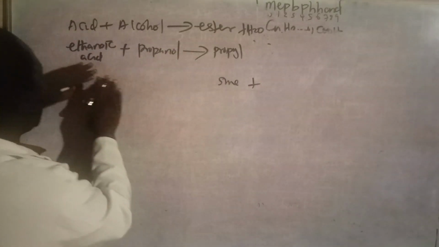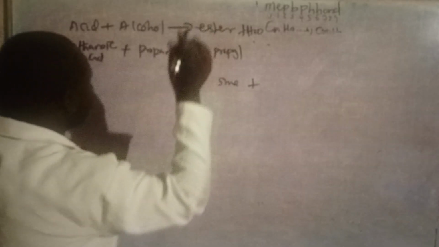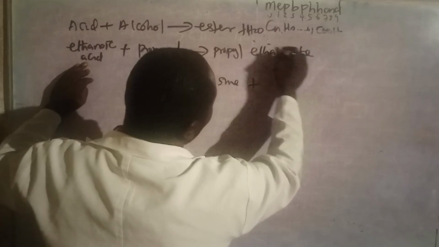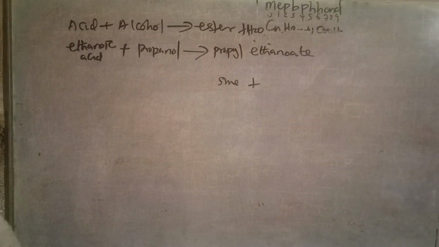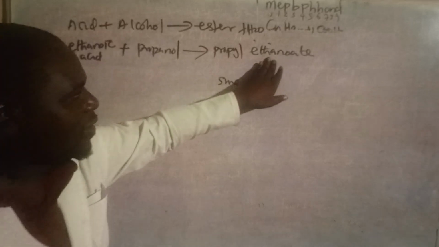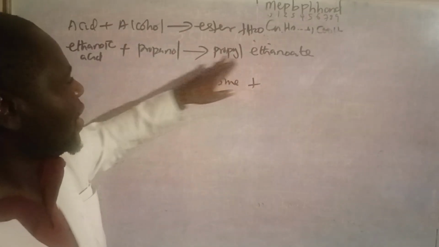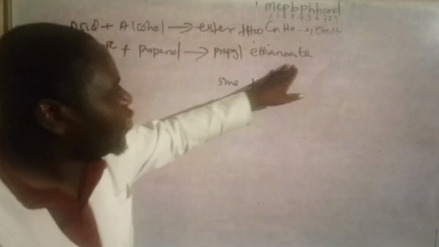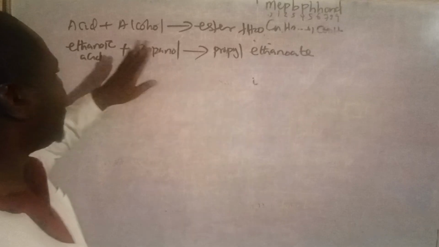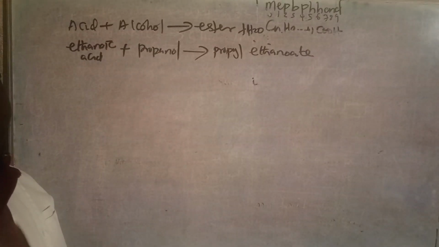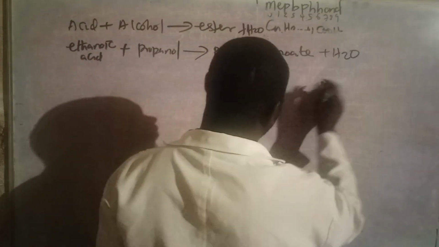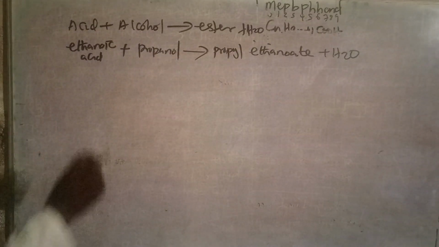Then the last part comes from ethanoic acid, so propyl ethanoate. So this is alcohol, this is acid. The first name comes from alcohol, propyl, and the last part comes from acid. Don't forget this one. Then plus the water, like this.